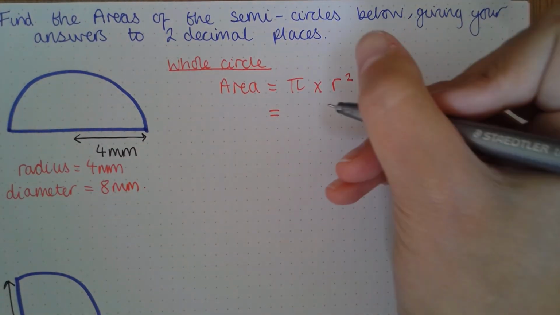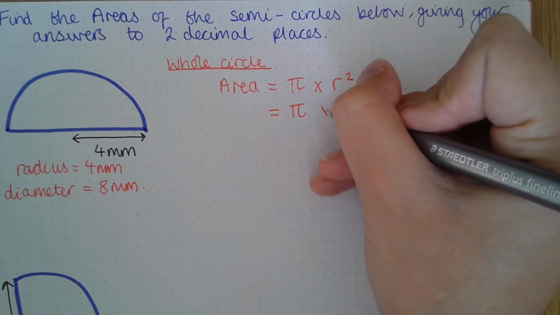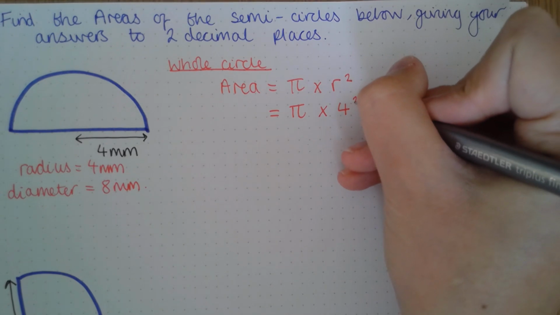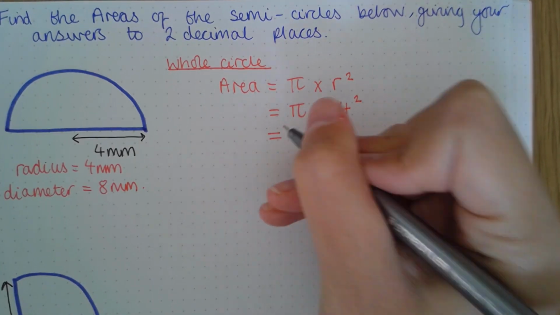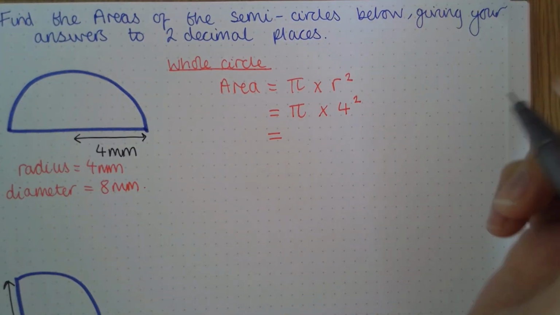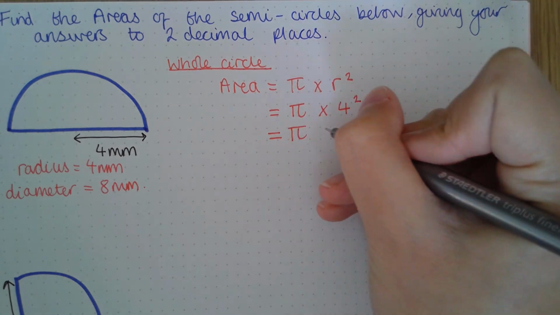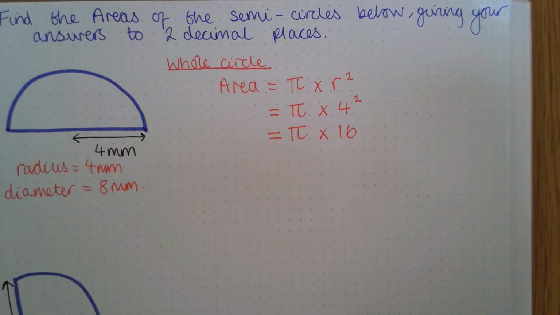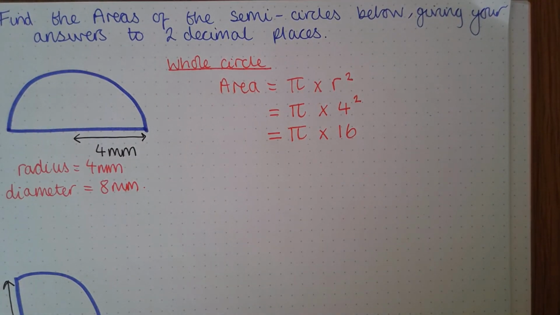Remember that pi stays the same, times the radius is 4 squared. We know that 4 squared is 16. Okay, and then we can use our calculator.